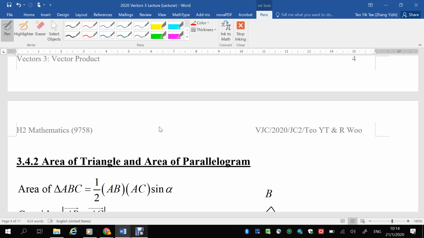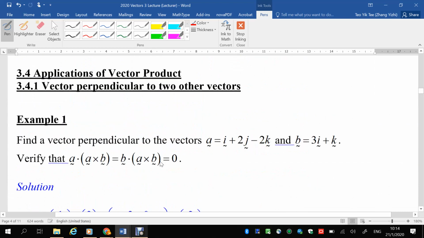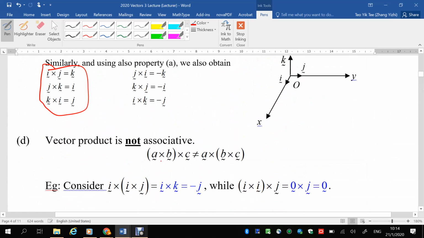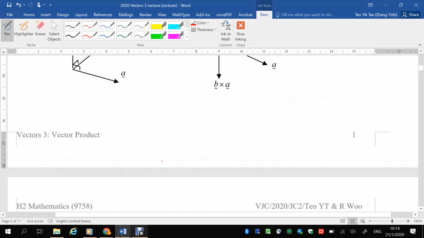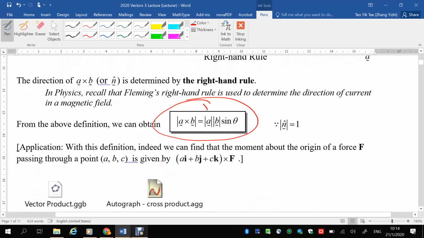Half AB sine theta. Look at your cross product formula. It looks like this: magnitude A, magnitude B, sine theta. Does it look absolutely similar to your triangle formula? I add a half.